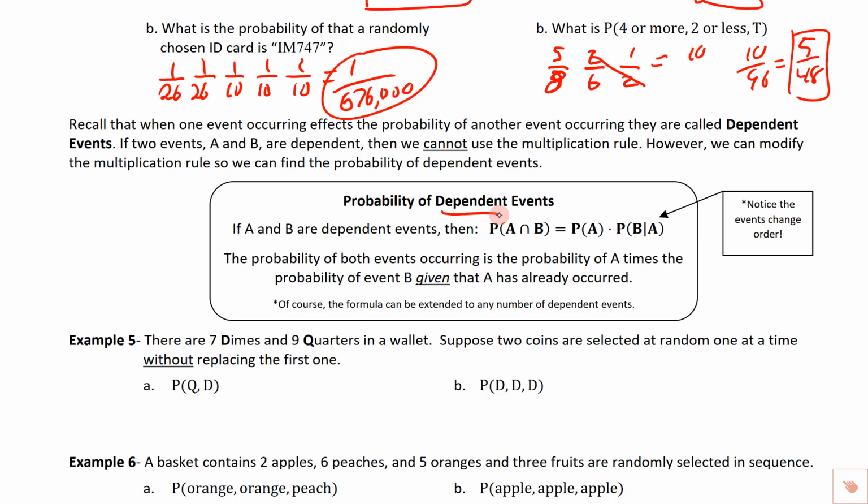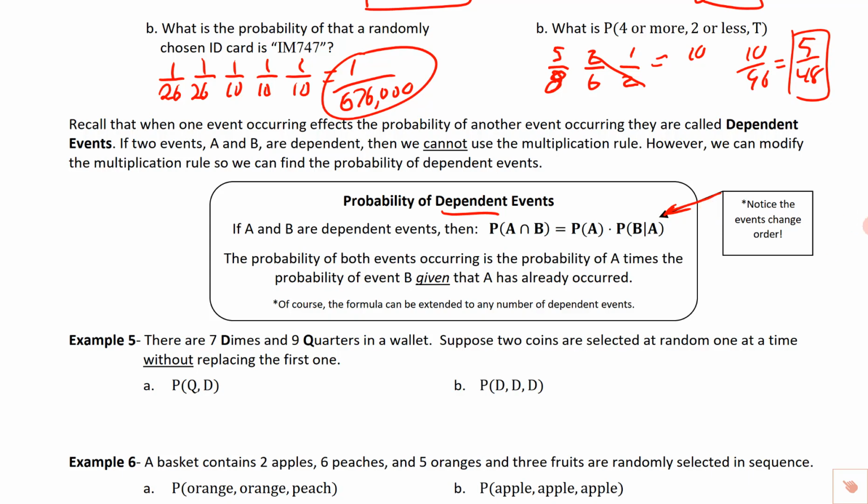If we've got A and B and they're dependent, the probability of both happening is the probability of A times the probability of B given that A has already happened. Notice that they change order. It's not AB here, it's BA when we do that conditional probability.